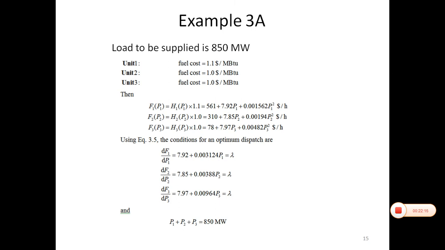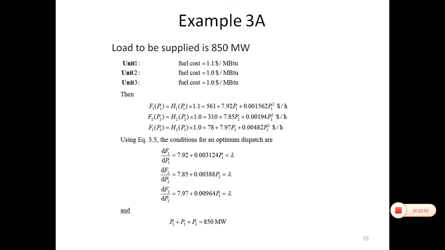F2, which is a function of P2, will be H2 of P2 multiplied by its fuel cost, which is 1.0. So we get 310 plus 7.85 P2 plus 0.00194 P2 square rupees per hour. For unit 3, the total fuel cost F3, which is a function of P3, will be given by H3 of P3 multiplied by its fuel cost, which is 1.0. It will be 78 plus 7.97 P3 plus 0.00482 P3 square rupees per hour.